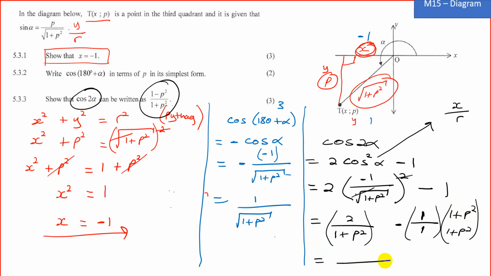And then we get a common denominator of 1 plus p squared, and we get on the top 2, and there's a negative 1 being multiplied into a 1 plus p squared, as you can see, which will change our signs and end up with minus 1 using the distributive law, minus p squared. And then we know that 2 minus 1 is 1, so we get 1 minus p squared all over 1 plus p squared. And that is what the question wants us to find.